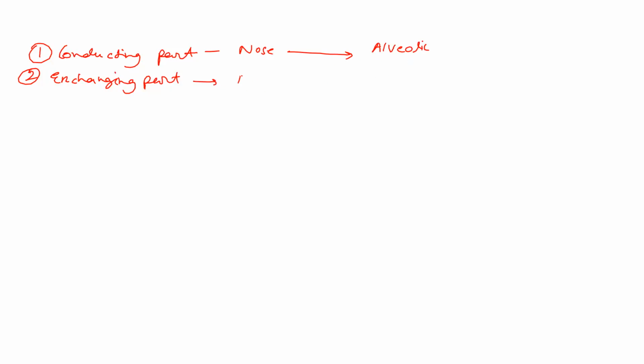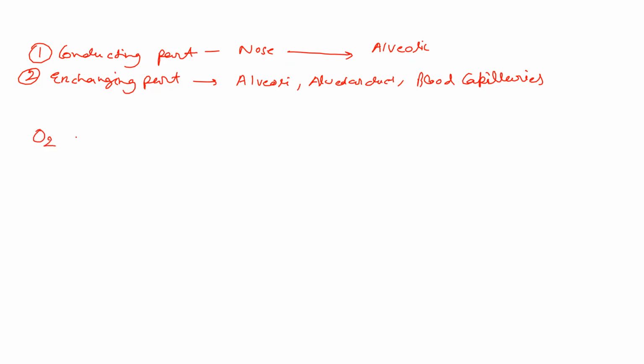And the exchanging part is the alveoli, alveolar duct, and blood capillaries. Understood?